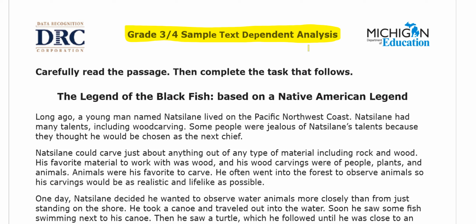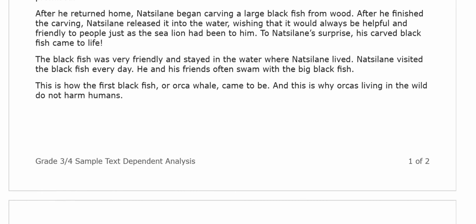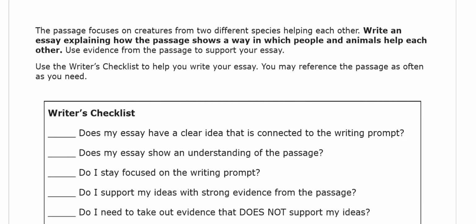So with this particular passage, what I want to stress is that it does tell them to carefully read the passage. But in terms of working with the prompt, we want to remind students to go to that prompt first. One of the things we're going to help them see is that the prompt is often after the passage.